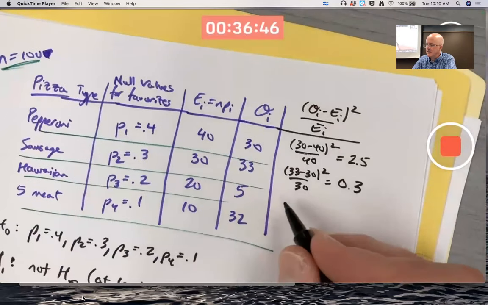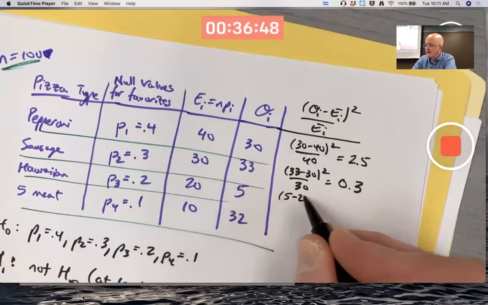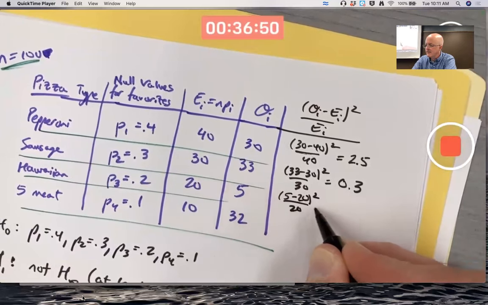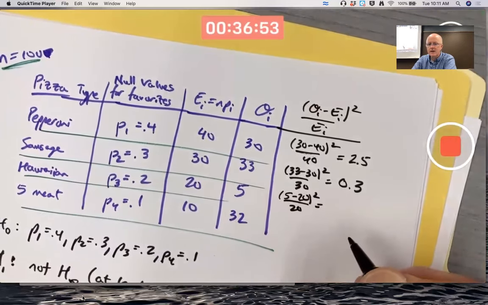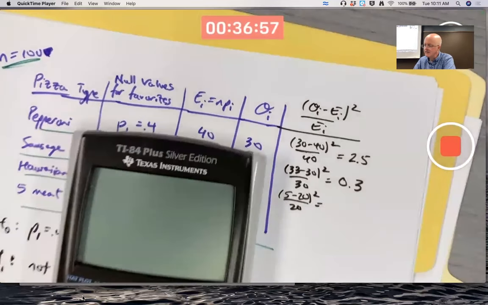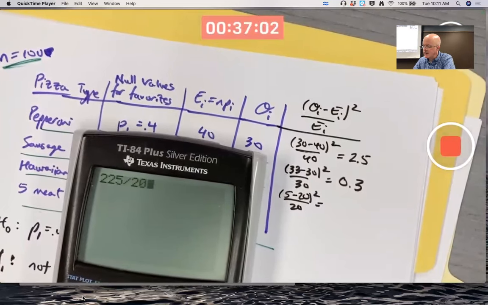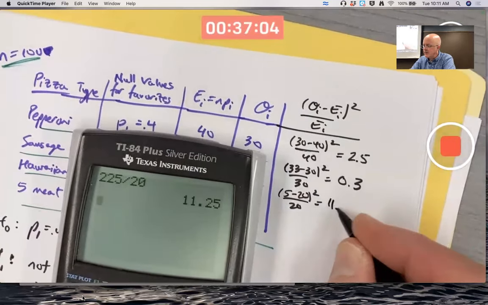This next one's going to be fairly big. 5 minus 20 squared over 20. 15 squared is 225 divided by 20. Going to get something over 10 here. It's going to be an extreme one. 11.25.